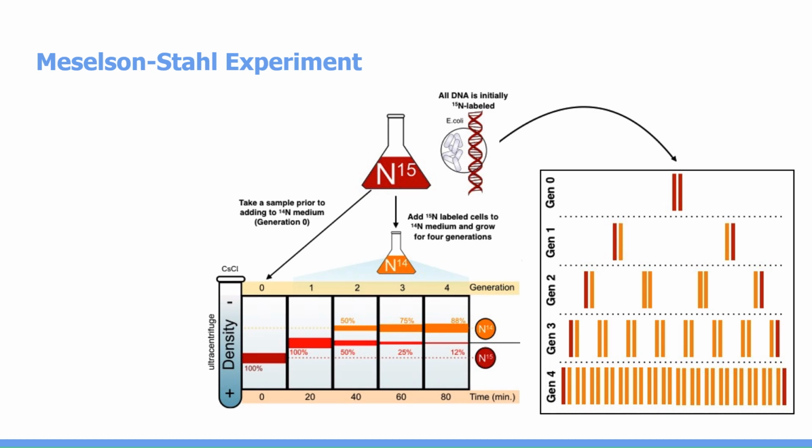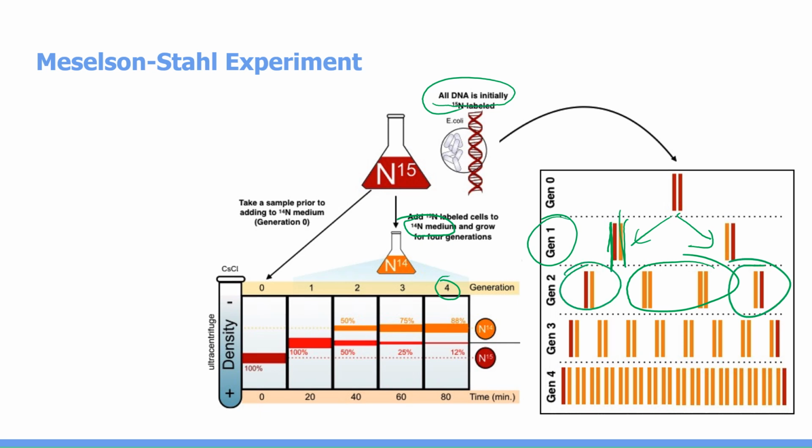So that's what's seen here. Initially, all the DNA was labeled with nitrogen 15, the heavy isotope, added to a medium of the lighter isotope and allowed to grow for 4 generations. After analysis, you can see the trend that was described previously. After the first generation, we have 50% new and 50% the mixture, and again the majority new with some mixture, and again the majority new with some mixture.